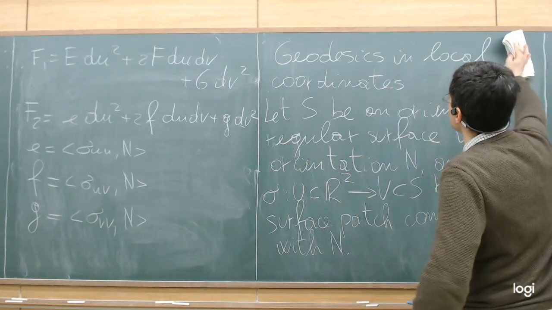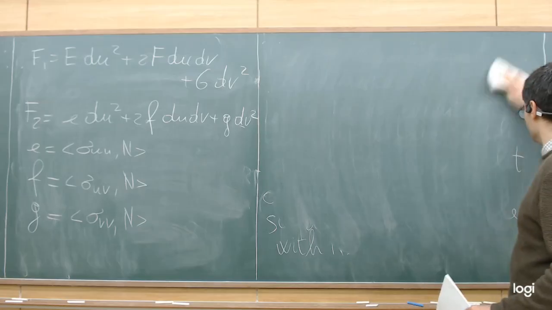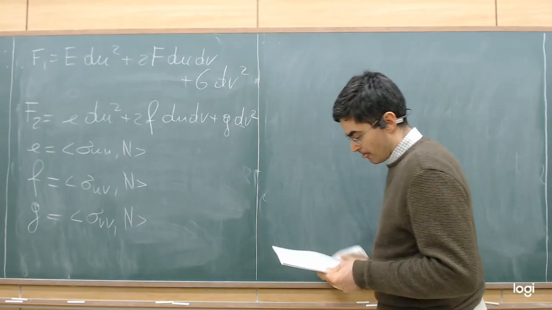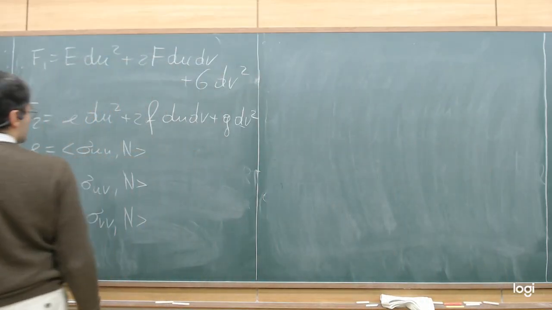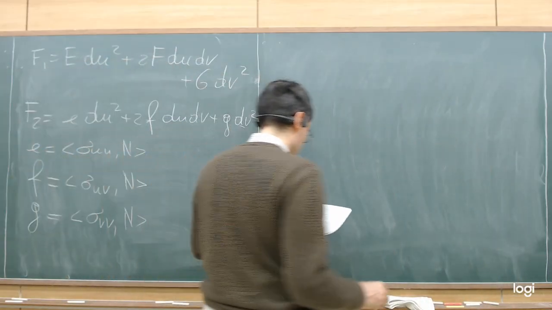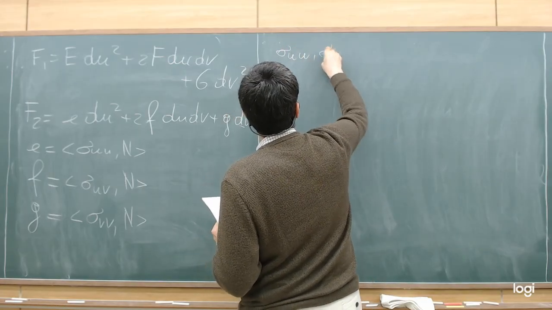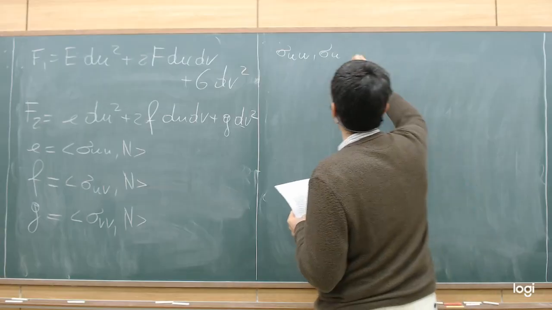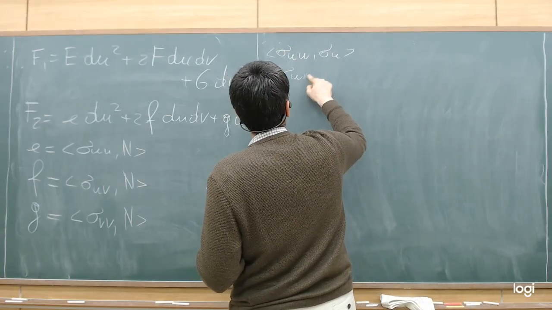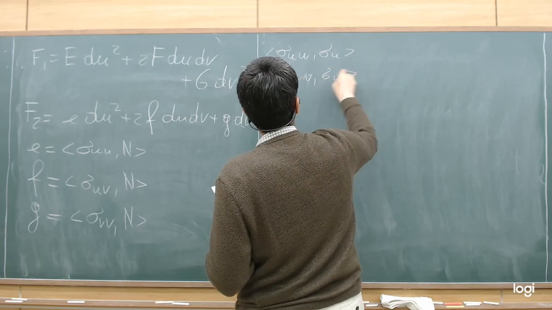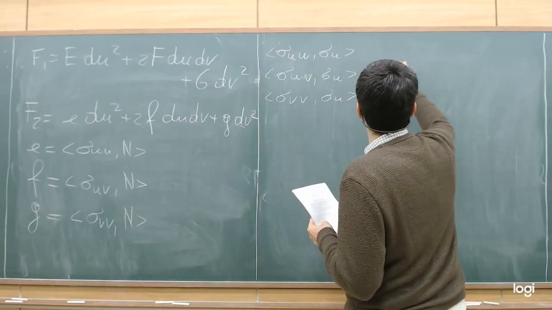What about the tangential component? In other terms, what can we do with the inner products of sigma UU and sigma U, sigma UV with sigma U, sigma VV and sigma U, etc.